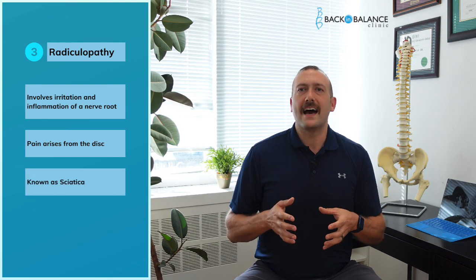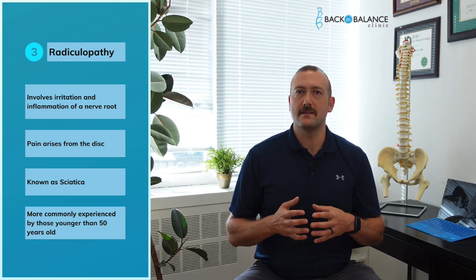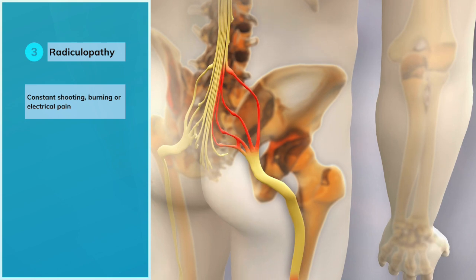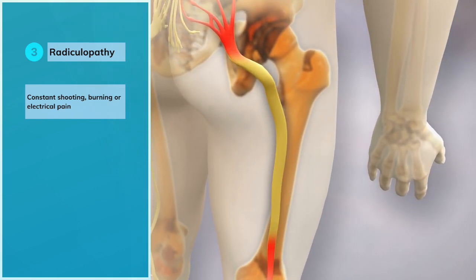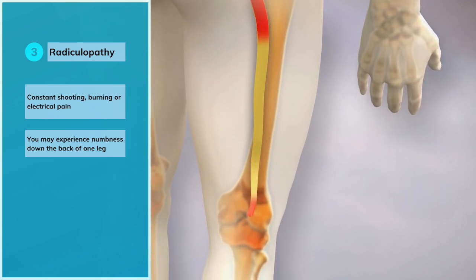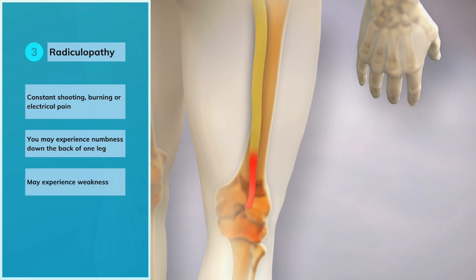This is your sciatica type of back pain and happens more so in younger individuals less than 50 years old. The pain is usually constant and can be shooting, burning, or electrical. A defining feature of this type of pain is that you experience numbness and tingling down the back of one of your legs, and you may also experience weakness.